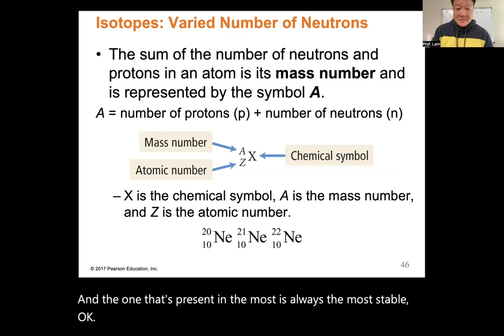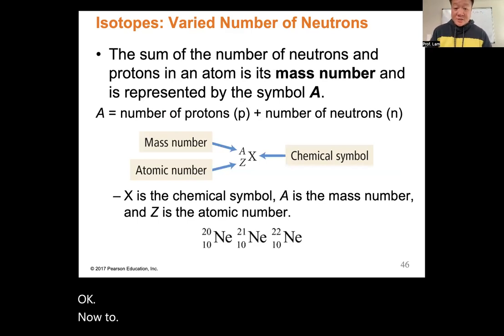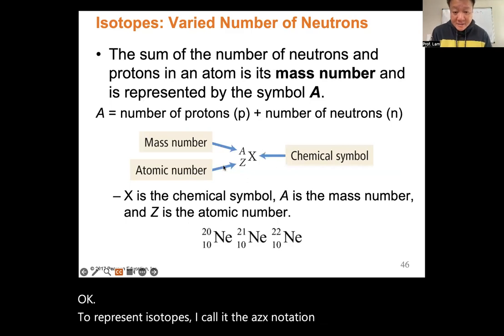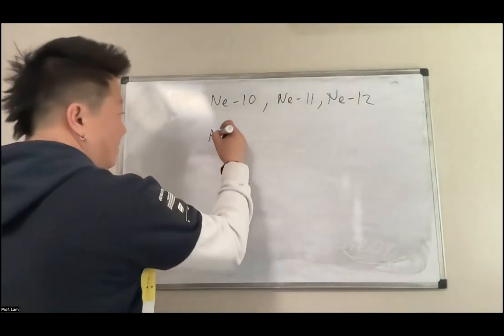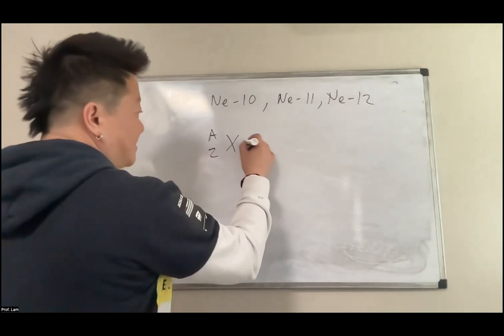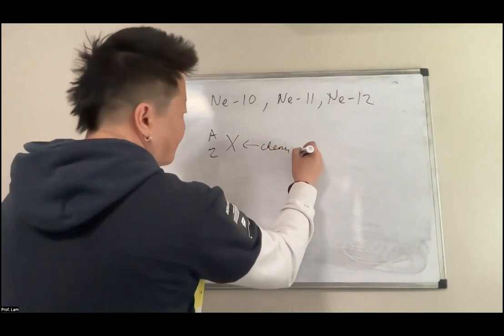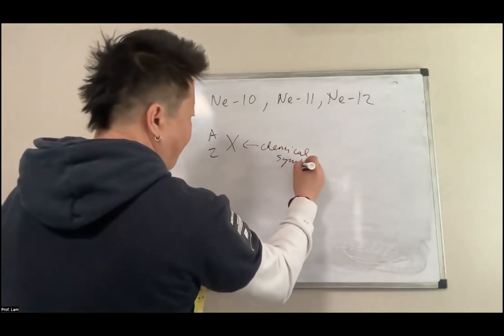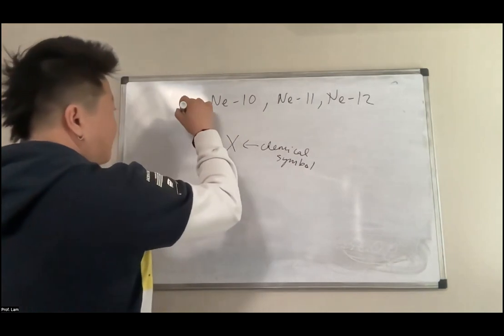Now to represent isotopes, I call it the AZX notation, right? So the AZX notation, go back to the board. This is the chemical symbol. This is the mass number.